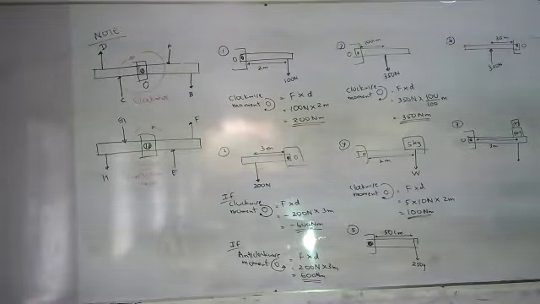If grams are given, we have to convert into kilograms by dividing by 1000, and then to convert into newtons, multiply by 10. So 250 grams divided by 1000, then multiply by 10.